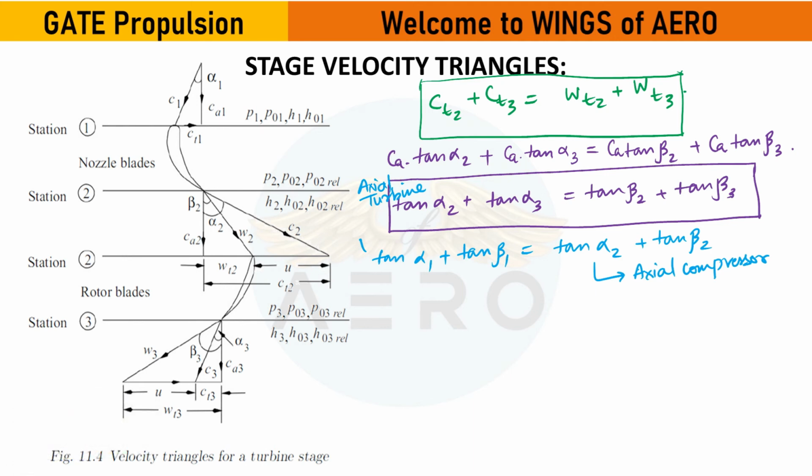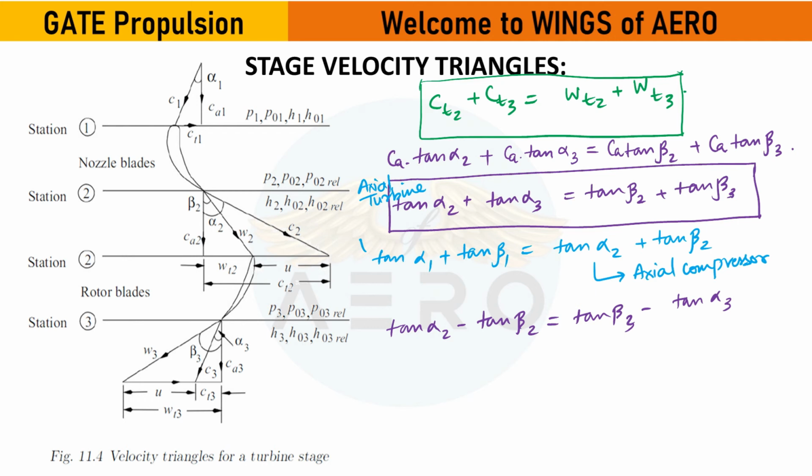Okay, right. So this can also be written as tan alpha 2 minus tan beta 2 equals tan beta 3 minus tan alpha 3.